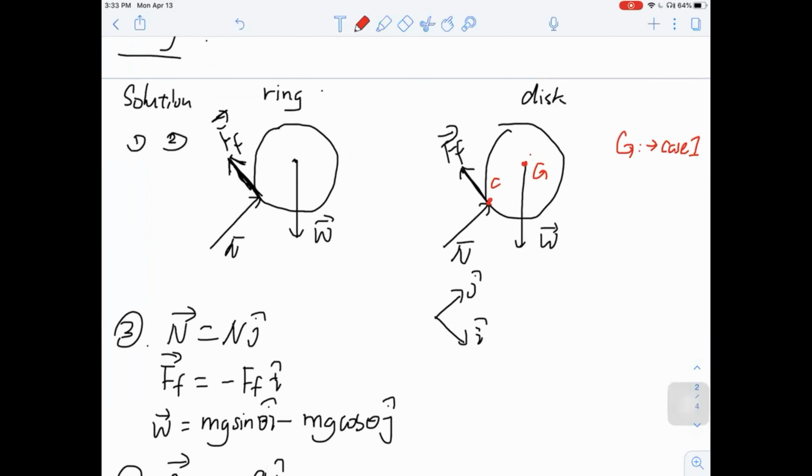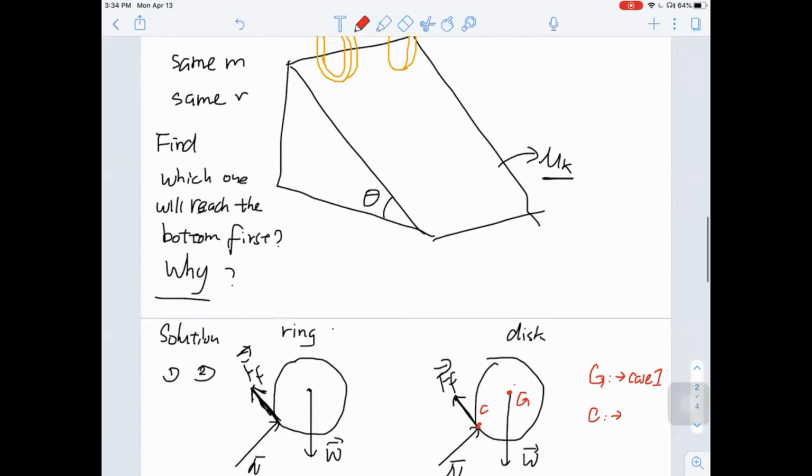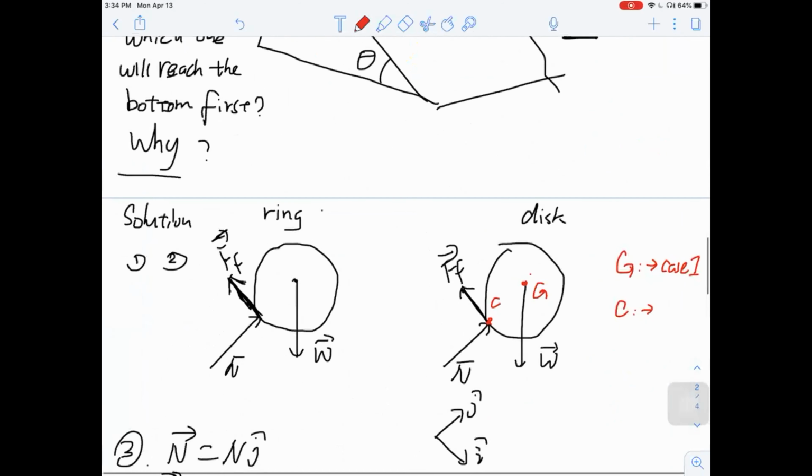If you pick C, which case is it going to be? C is the contact point between the disk and the slope. If I give you more of a hint, this is the no slip condition. If we pick point C for our Euler's second law, which special case are we talking about?